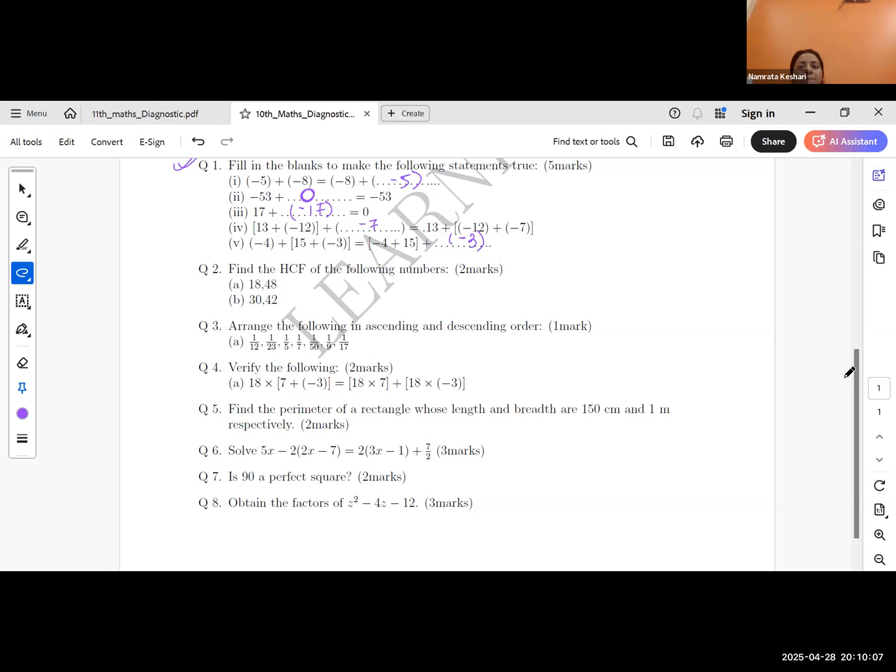Is 48 divisible by 9? 48 is not divisible by 9. That means HCF will be 6. Next one, 36, 42. The next one also is 6, right? Next. Pen and paper is not required.